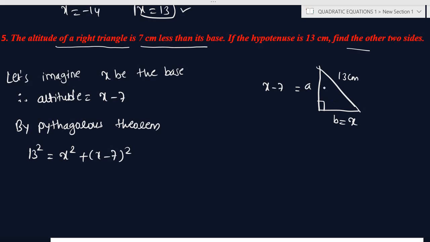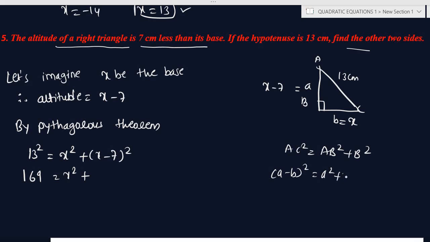Hypotenuse square is equal to what? In triangle ABC, AC square is equal to AB square plus BC square. Hypotenuse square is equal to height square plus base square. Here you simplify this: 169 is x square plus, using the (a minus b) square formula, a square plus b square minus 2ab.